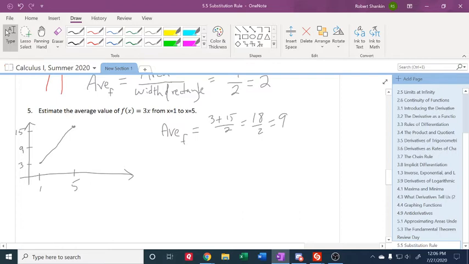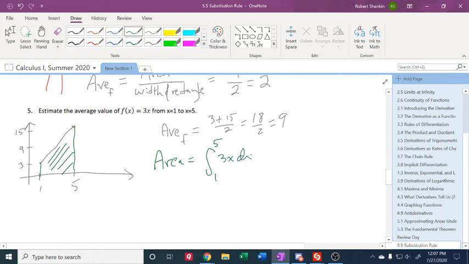The other way that we could get this is, let's get the area of the region between here and there. I can get the area by the integral from 1 to 5 of the function 3x dx.